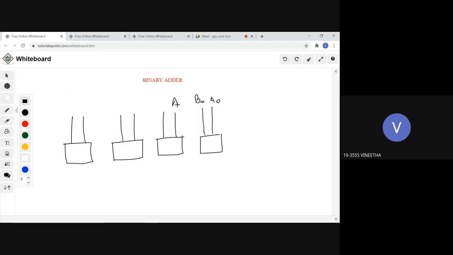This would be my A1 and this B1. This is A2 and this is B2. This is A3 and this is B3. And all of these are our full adders.